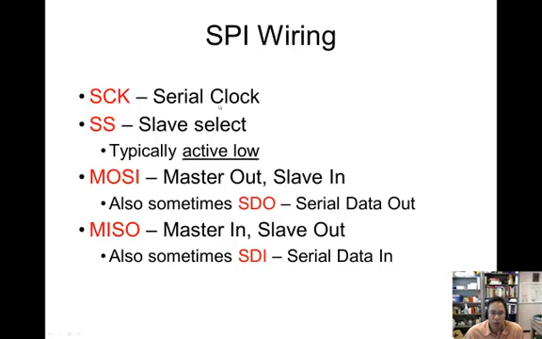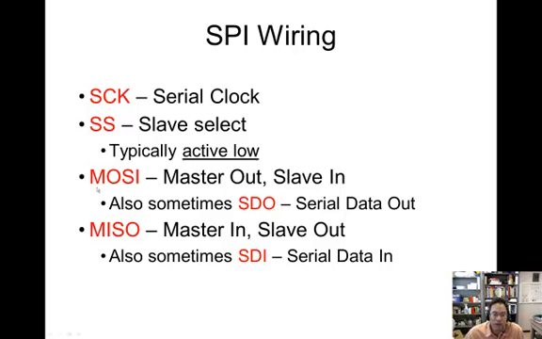There's the serial clock line, which of course has the clock on it, and there's a slave select. You may need more than one slave select if you have multiple slaves out there. Typically this signal is active low, so it idles high, and then once the master wants to select a slave, it pulls this line low. Then there is the master out slave in, MOSI, or also sometimes called serial data out.